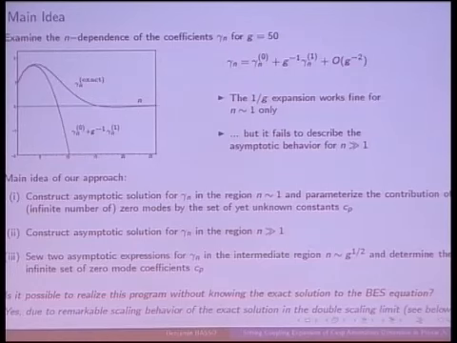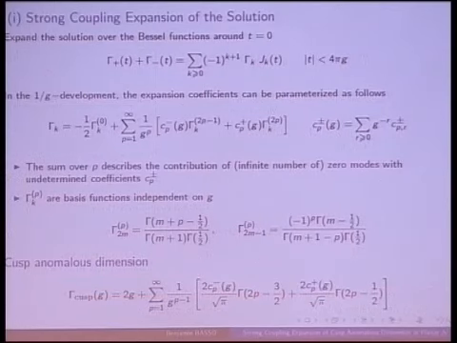So this is a result. In the 1 over g expansion, the development of the solution, so you write this object, you develop over the Basso, and this is our result. The coefficients of this expansion expand as follows, with coefficients that admit an expansion.